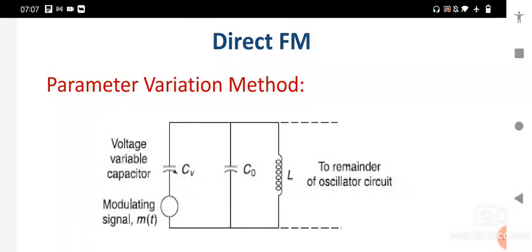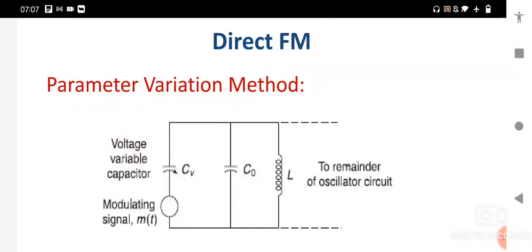The VCO is basically a sinusoidal oscillator having capacitive or reactive elements.